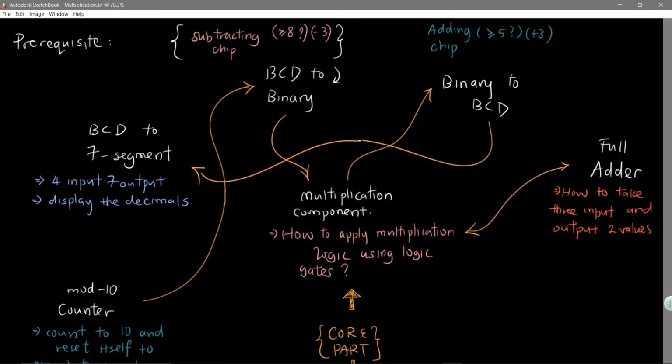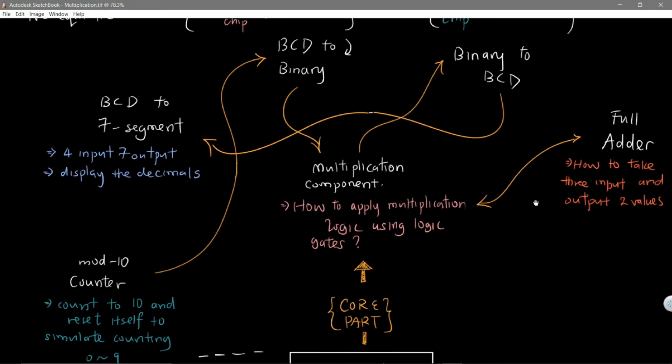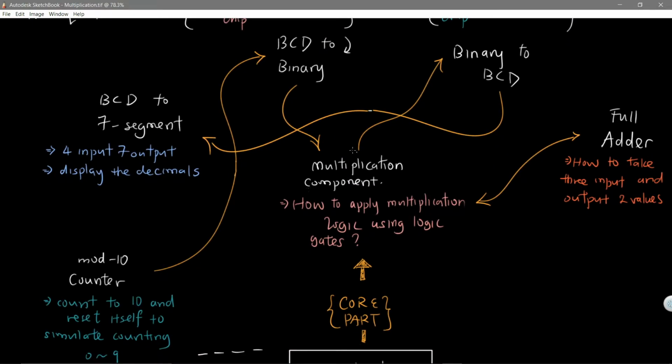And then once you have the values ready, you need to perform the binary to binary coded decimal converting. So in this chip, there is a subcircuit used a lot of times. It's called the adding chip. I call it adding chip because it performs an adding operation. And another detail on this multiplication component is that it uses a lot of full adders to complete the multiplication process.